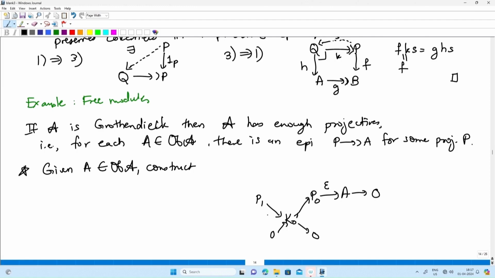And then this particular map will also have some kernel. Then for this K1, sorry, this should be K1, I will have some P2 which maps onto it. And then I can take its kernel as K2 and so on.